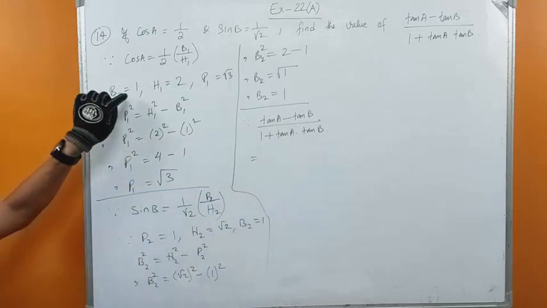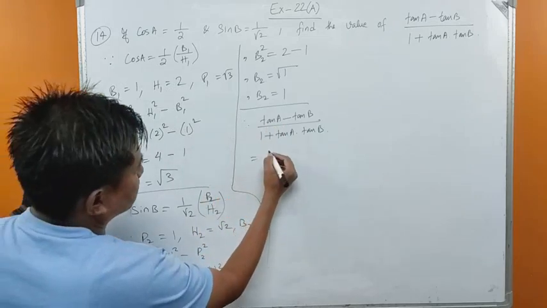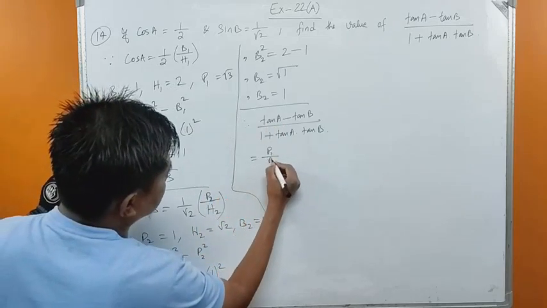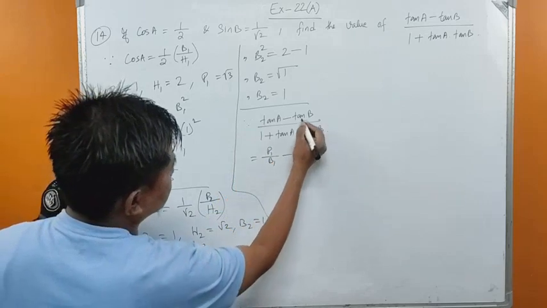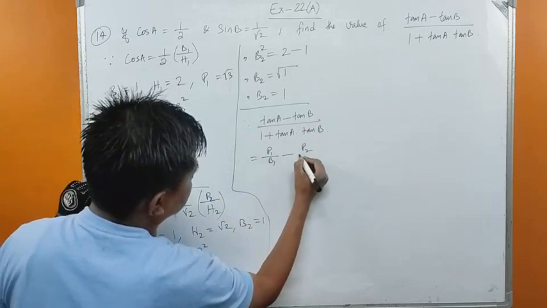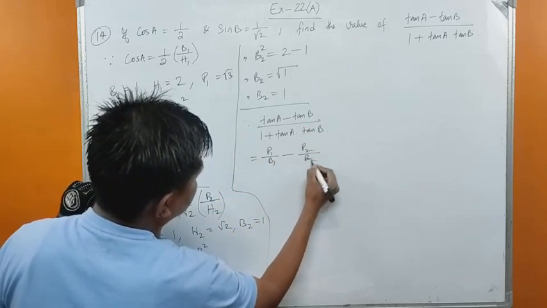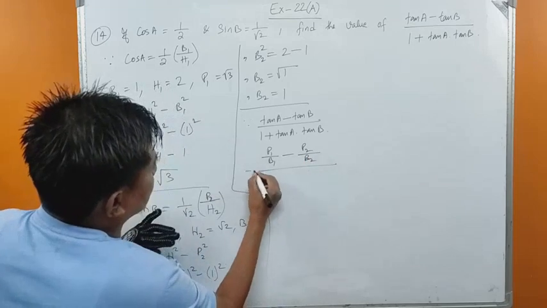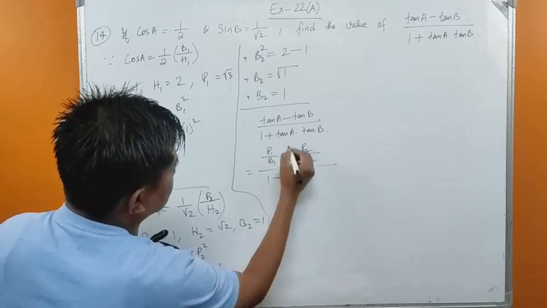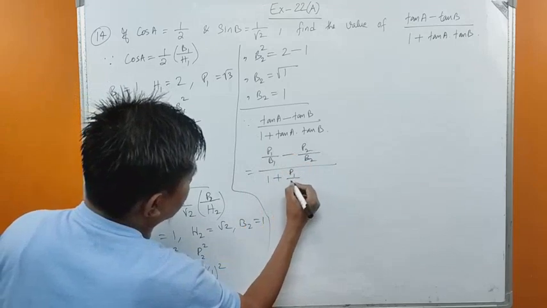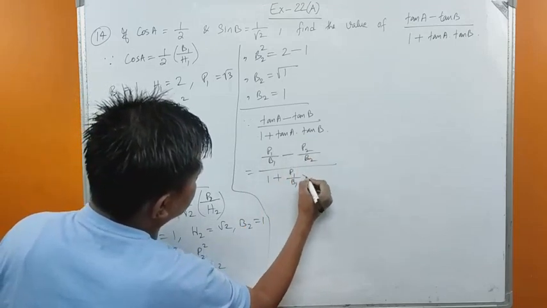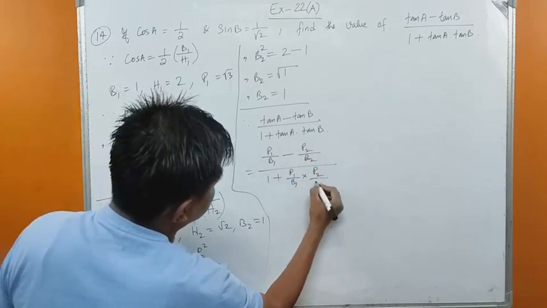So tan A is P1 by B1, perpendicular by base, minus tan B, which is perpendicular by base, P2 by B2, whole upon 1 plus tan A, P1 by B1, into tan B, P2 by B2.